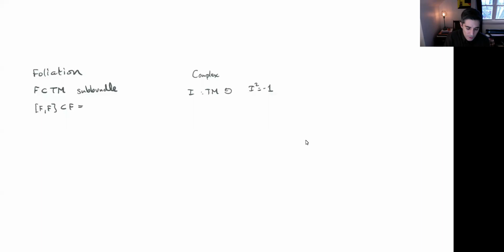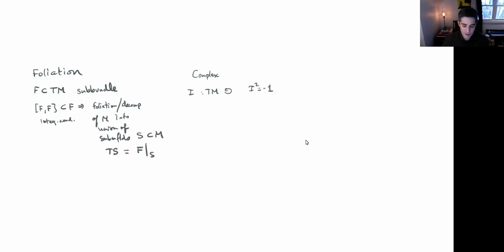And this implies integrability, or you could say this is the integrability condition, which implies the existence through every point of a submanifold everywhere tangent to F. So it implies the existence of a foliation, or a decomposition of M into a union of submanifolds S inside M, such that the tangent bundle of S is exactly the restriction of F to S.